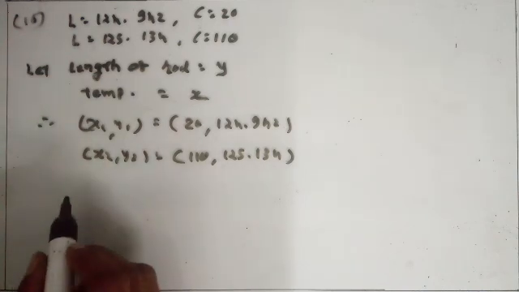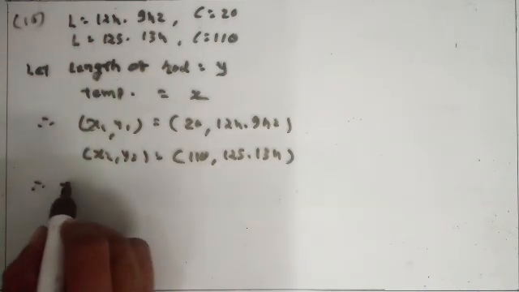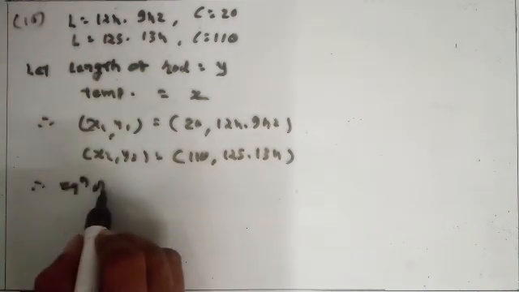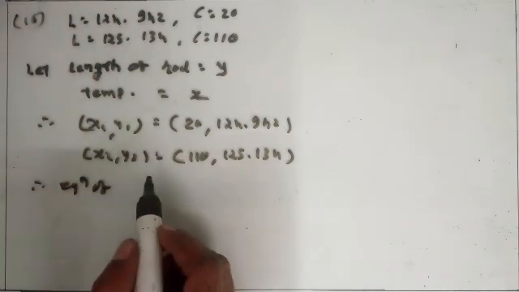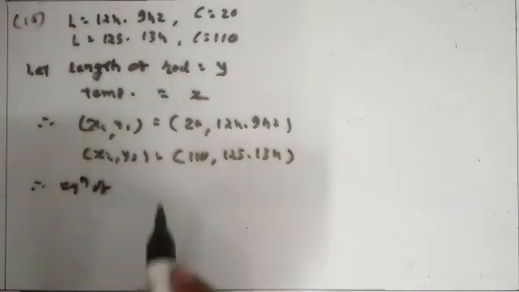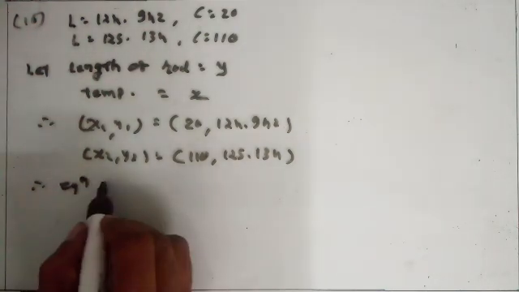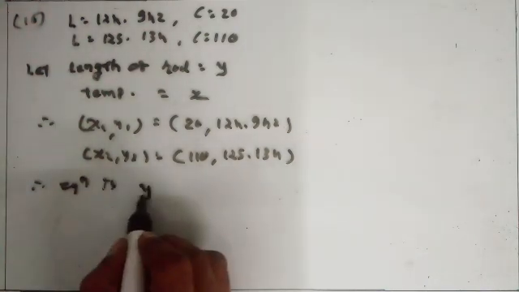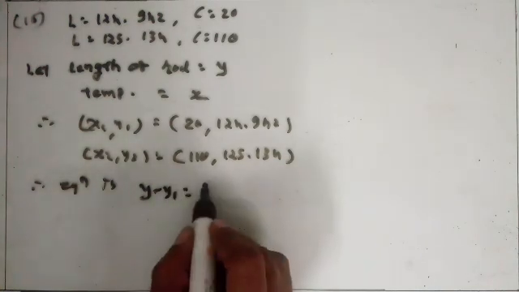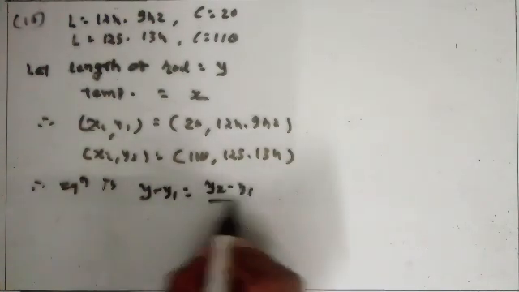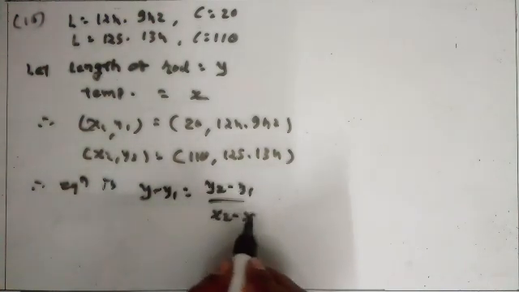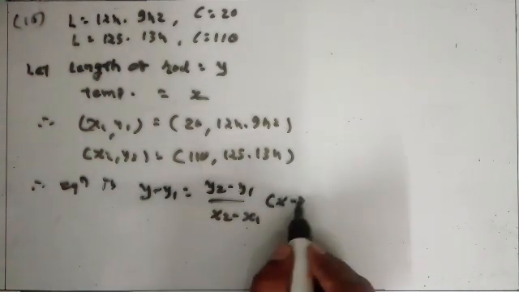So the equation of the line passing through (x1, y1) and (x2, y2) is y minus y1 is equal to y2 minus y1 upon x2 minus x1 into x minus x1.